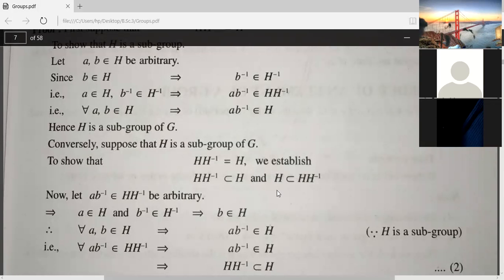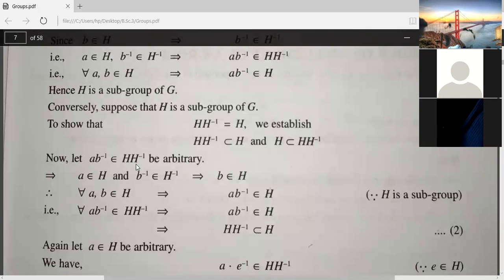Okay. Now you take an element AB inverse belonging to H inverse, and then you prove the same also belongs to H. Just like in the previous case, if AB inverse belongs to H inverse and the same also belongs to H, then you can say that H inverse is a subset of H. Now just take A belongs to H, B inverse belongs to H inverse.